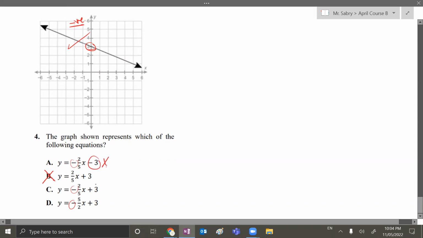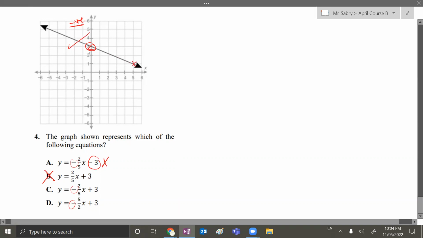How do I differentiate? There are two ways. You can either calculate the actual slope, select points on the graph and calculate the slope, or you can just look at the rise over run. Select any 2 points. Let's say this point here itself, which is the y-intercept, and this point here.